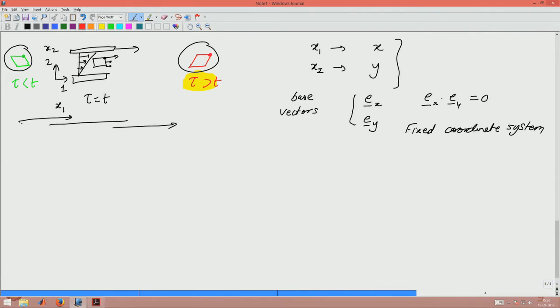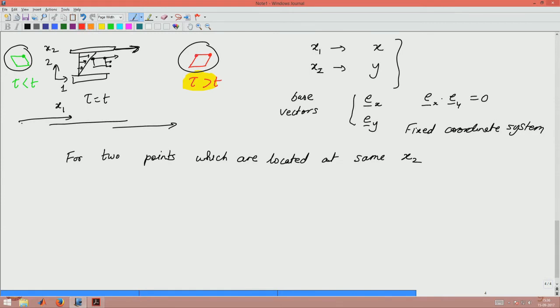Clearly, what we can see is if I compare the material points which are at the same x2, for 2 points located at the same x2, since the motion is only in the one direction, basically because of simple shear flow, these 2 points would move identically.